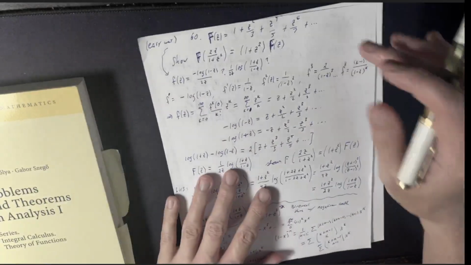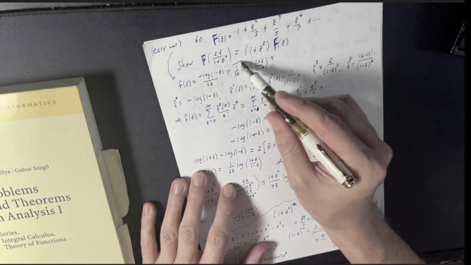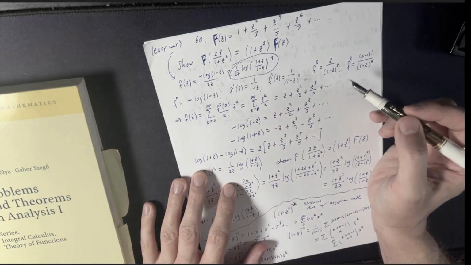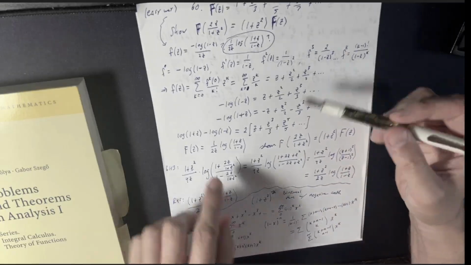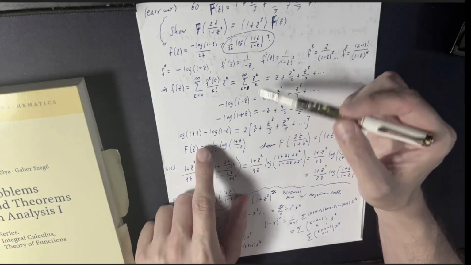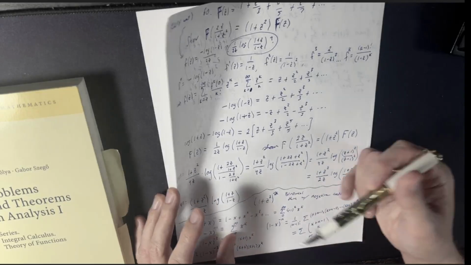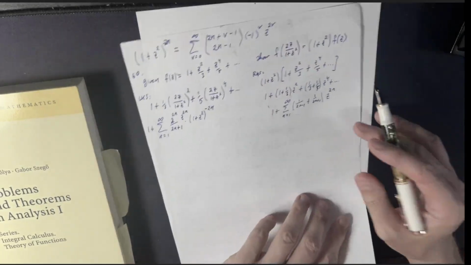Like the easy way is to recognize the function is basically this. So first I showed that this function is 1 over 2z log of (1 plus z) over (1 minus z), and then you can just show it using a logarithm. So it's easier to show it with log properties.